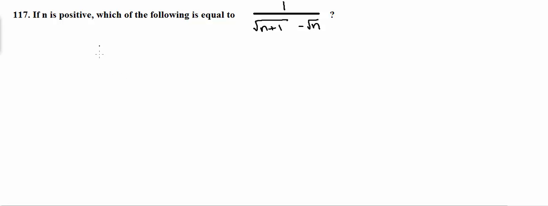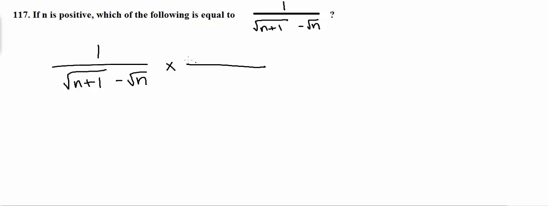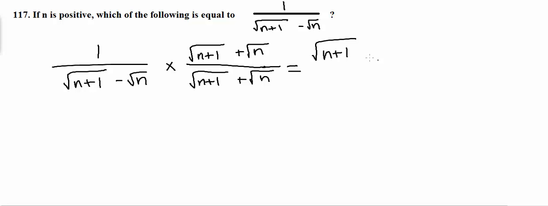So we have 1 over the square root of n plus 1 minus the square root of n, and we multiply this by the square root of n plus 1 plus the square root of n over the square root of n plus 1 plus the square root of n. I'm going to multiply the top first, and I get the square root of n plus 1 plus the square root of n.